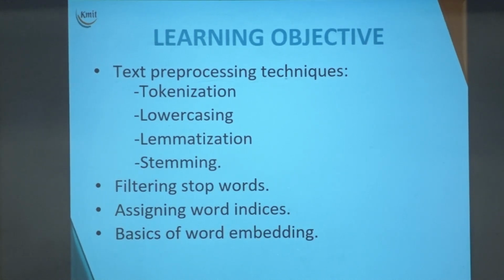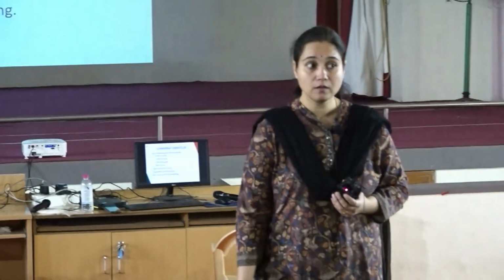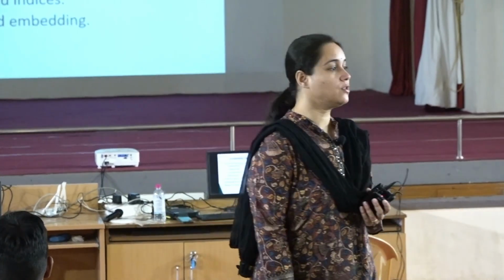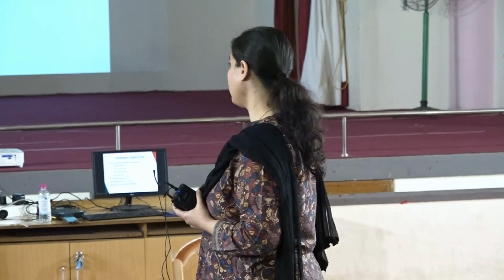Converting text into tokens. Correct. What are tokens? They are unique words that are present inside the sequential data that you are giving to your machine. So converting your text into tokens is nothing but tokenization.